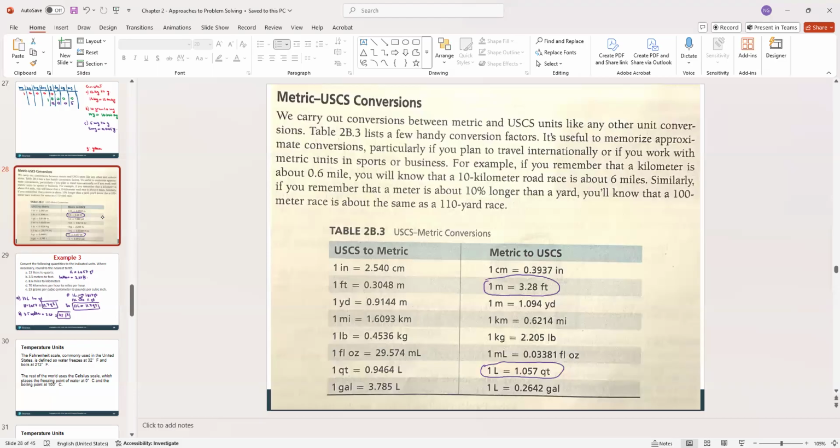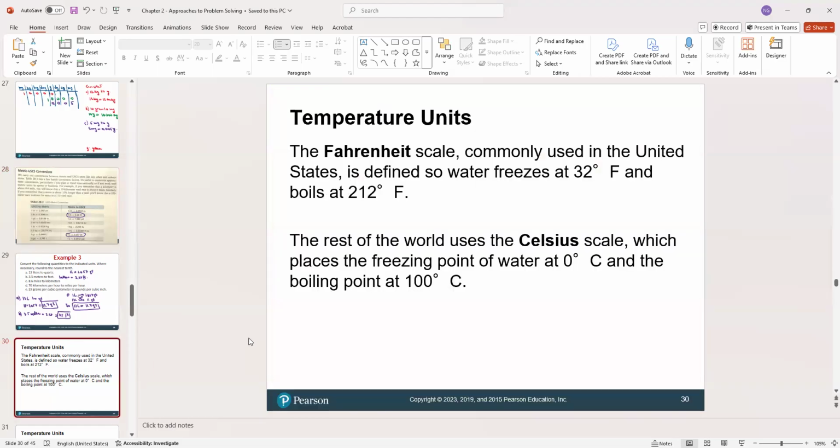A baby born in the US would be in pounds and ounces, and somewhere else it would be in kilos. If you want to construct a fence around your backyard, you're looking for feet. How many feet do you want? Somewhere else they would ask you how many meters you want. So it all depends where you're located.